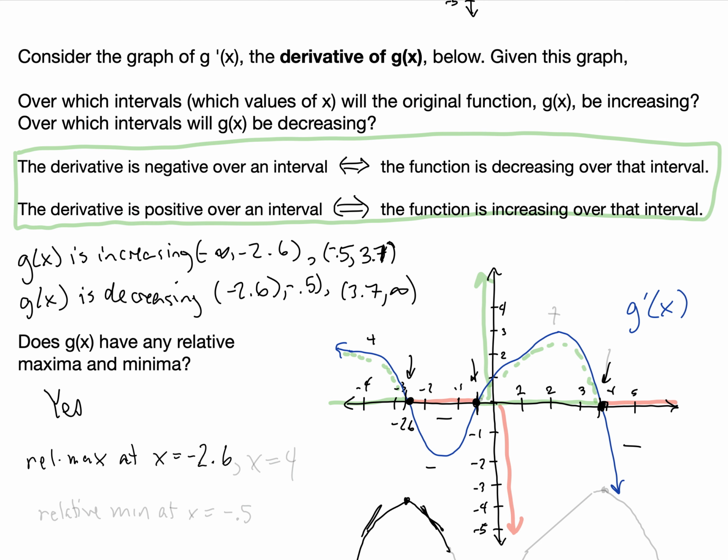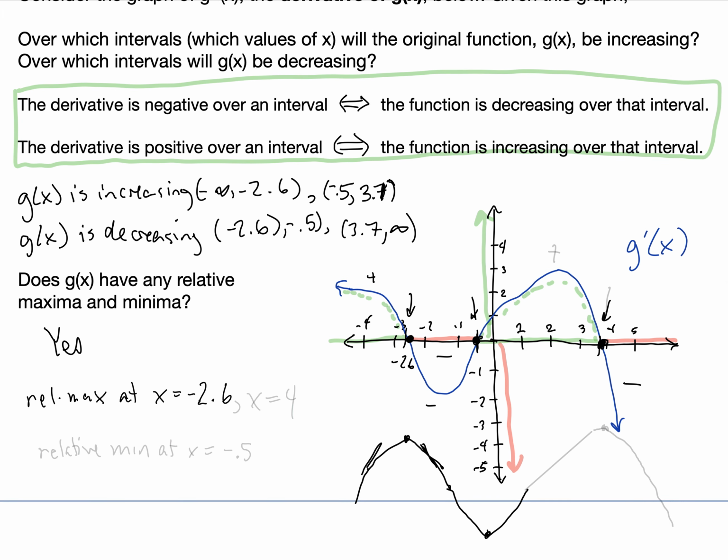What else do we have? We're going to have something at this point. So here it went from going down to going up. And so at that point, here at x equals negative 0.5, this would be a relative min. So relative min at x equals negative 0.5.